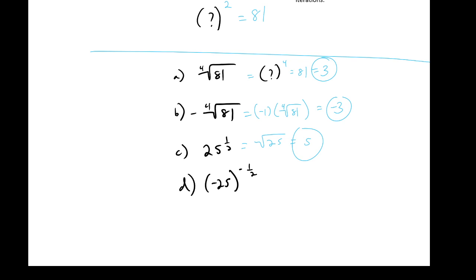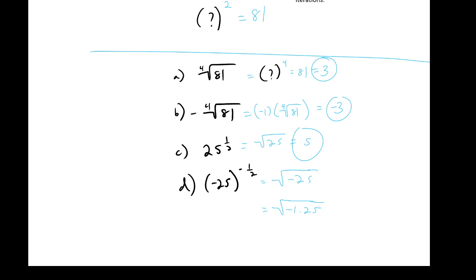Versus, think about this. This is going to be the square root of -25, which is -1 times 25. Now, we can take the square root of 25, but not of -1, right? What times itself is going to result in a negative?